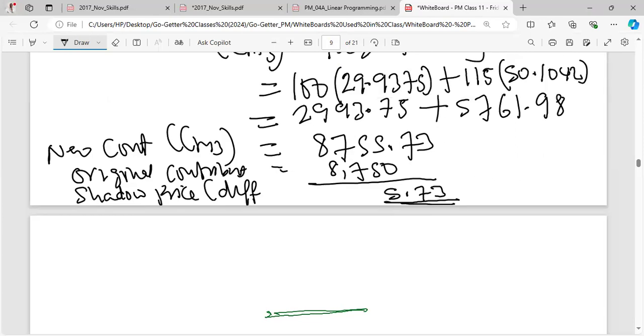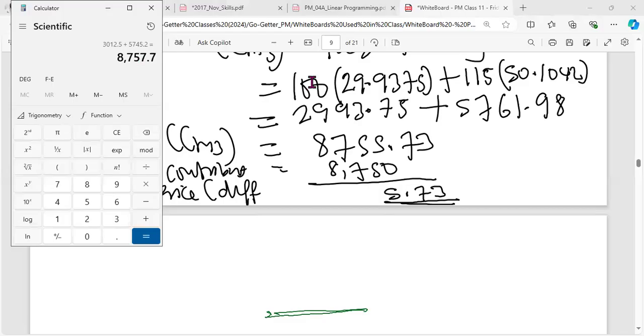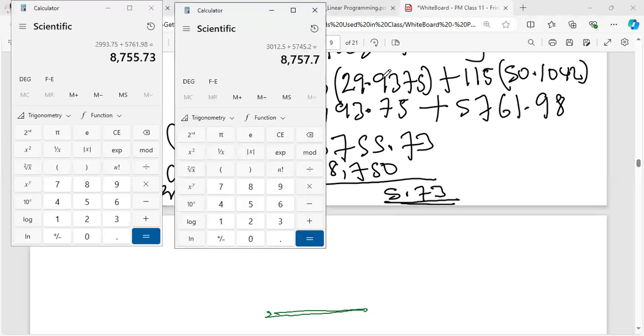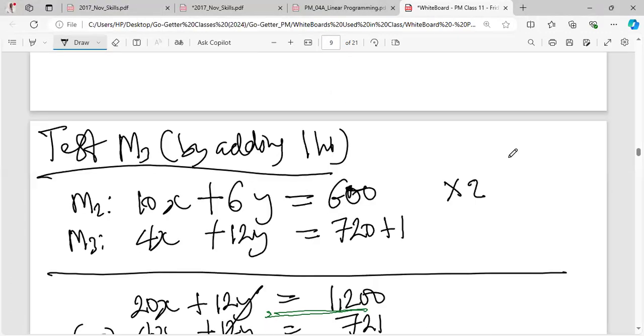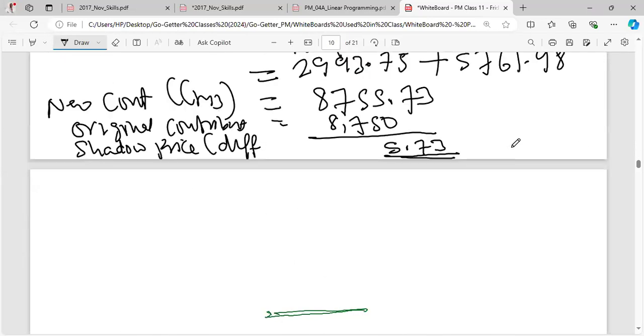Now compare 5.73. Let me bring this to calculator. Compare 5.73 with 7.7. Which one is higher? 5.73 versus 7.70. It shows that M2 earns more contribution than M3.